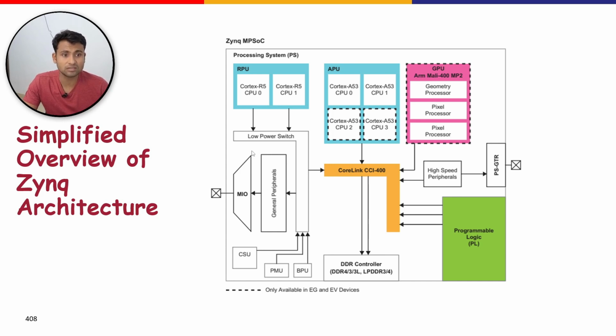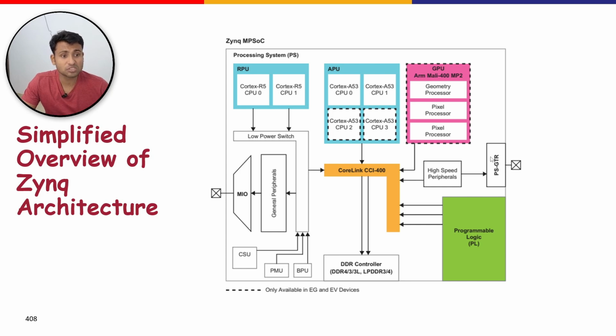So this connectivity is achieved through what are called multiplexed input-output MIO pins. High-speed connectivity uses a multi-gigabit transceiver, and this you can see on this part, the high-speed peripheral. This together is known as the PS GTR transceiver. So general and high-speed peripheral interface blocks which use the above connectivity are also discussed later in the video.